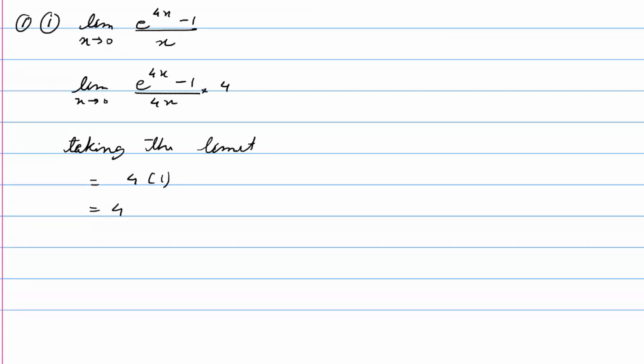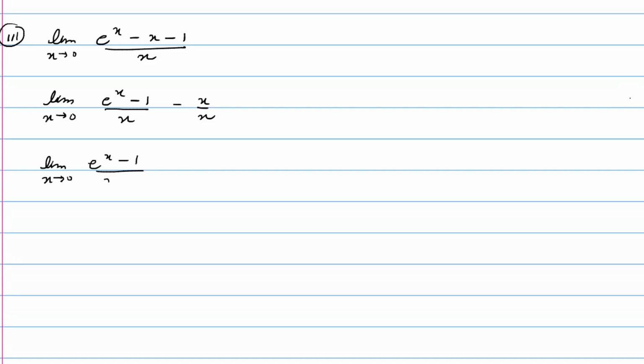The answer is 4. And similarly, there is the second subpart, limit x tends to 0, (3 raised to x minus 1) upon x. So here there is a direct answer. It will be ln of 3. Okay, so in this question, students, if it was something like 5 raised to x, then we would have to multiply, and then the answer would be 5 times ln 3.